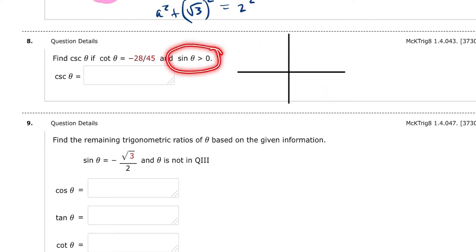But they also tell us that sine has to be positive. Between these two quadrants, we know that sine is positive in the second quadrant because sine is equal to y, and y is positive in quadrant 2, and it's negative in quadrant 4. So that tells you the quadrant where your angle terminates: quadrant 2. Once again, just draw any random triangle.